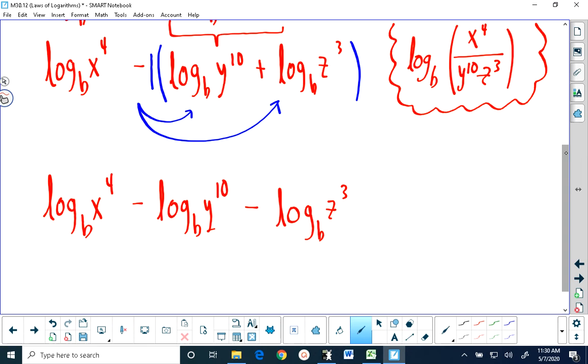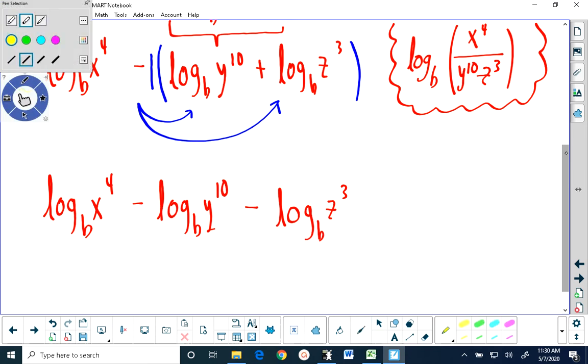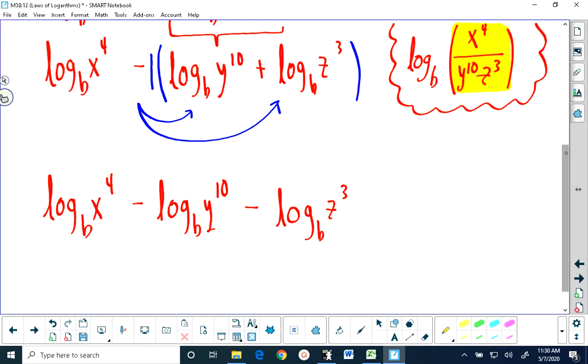The shortcut is that anytime you have a piece of the argument, I'll remind you what the word argument means in mathematics. The argument is the thing that you're operating on. So the argument of a logarithm is the thing that you are logging. That's not a proper mathematical term, but I hope you catch my drift.